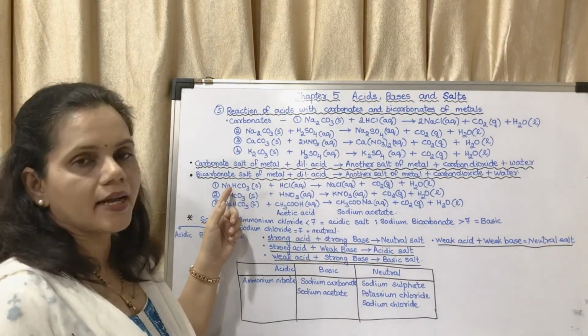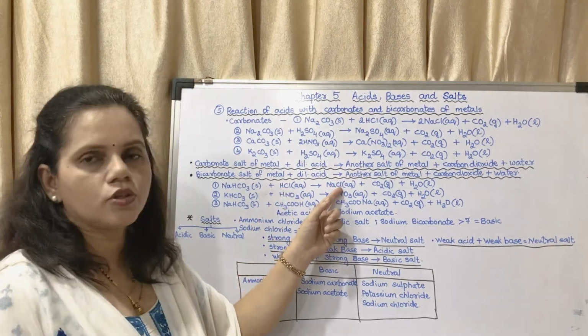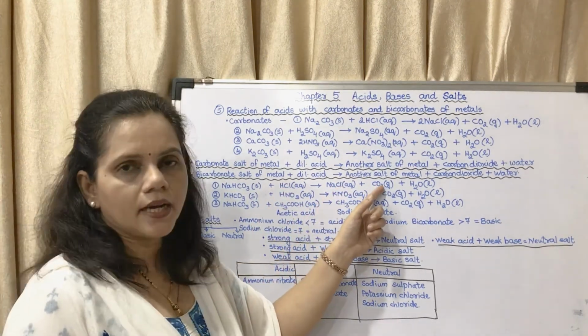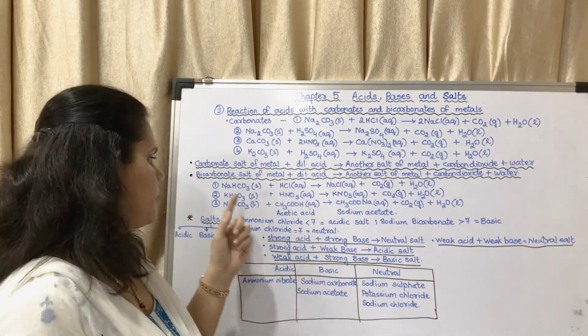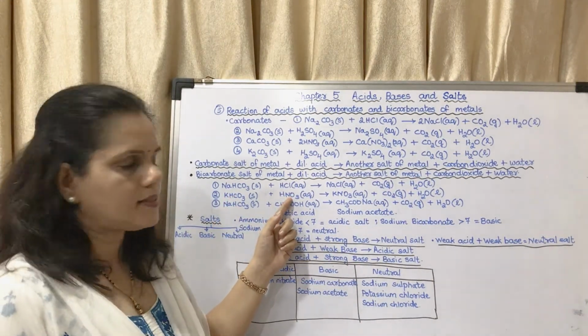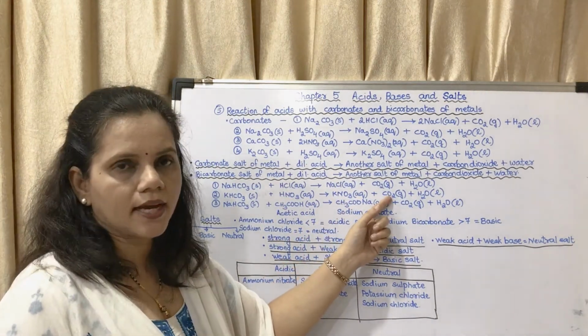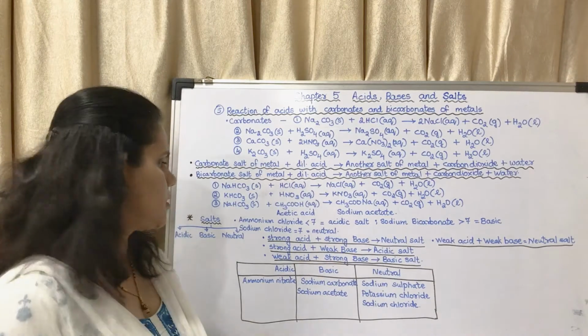Now sodium bicarbonate will react with hydrochloric acid to form sodium chloride plus carbon dioxide plus water. Potassium bicarbonate plus nitric acid will give potassium nitrate plus carbon dioxide plus water.